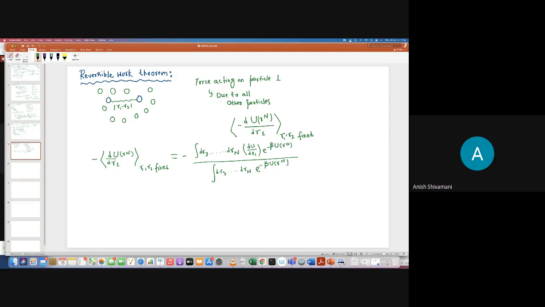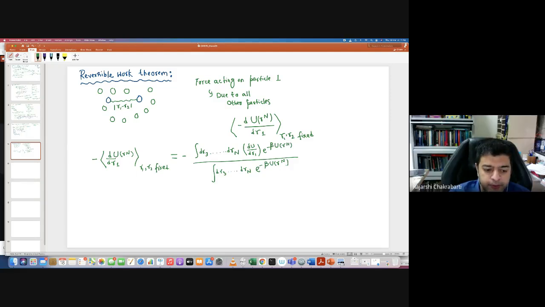Now, look at it very carefully. This one I am writing as kBT del over del r1. Can I write it like this or not? I can, no?